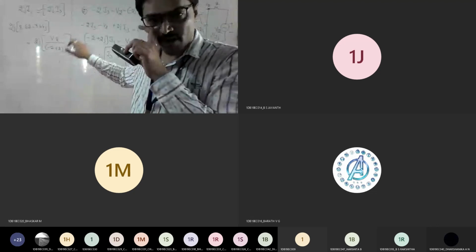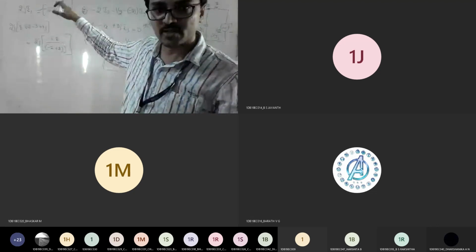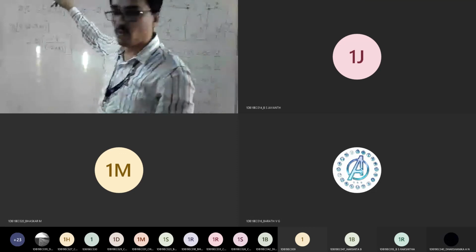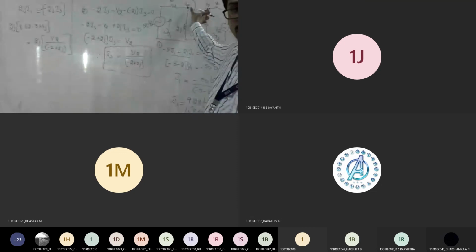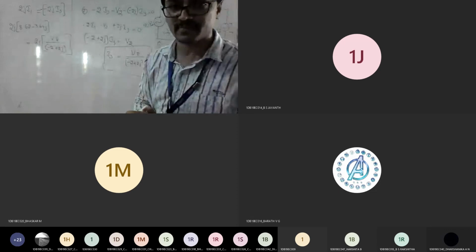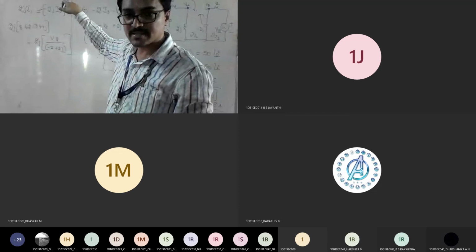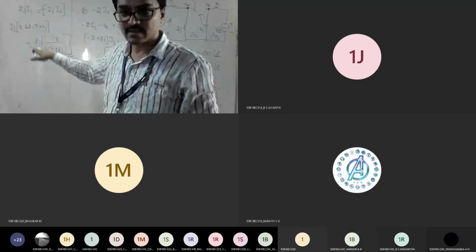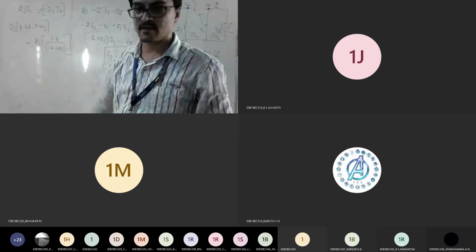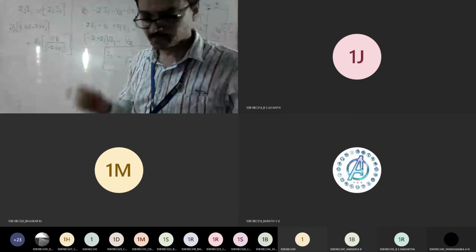The thing which was looking impossible, we made possible by assuming VA is equal to VB. This condition applies only when the current across this is 0. If the current is there, you can't say VA is equal to VB and make that assumption. That is the only thing you should remember. I made this to make things simpler and get the answer of V2 easily. So now tell me what is the answer of V2 from this?